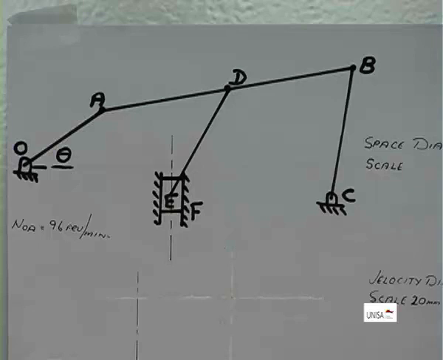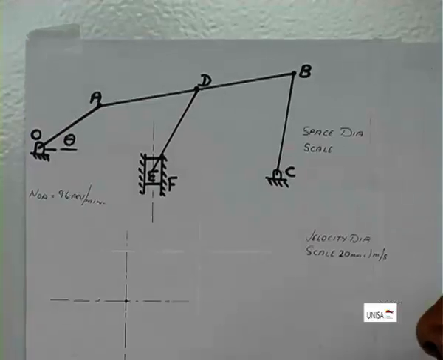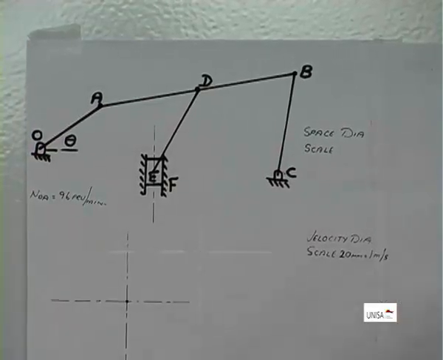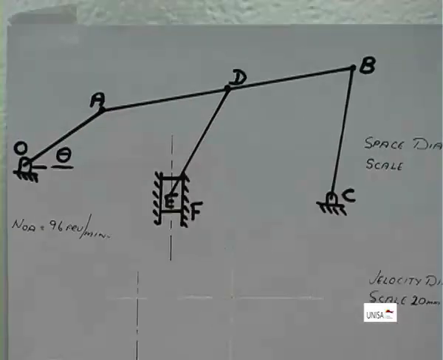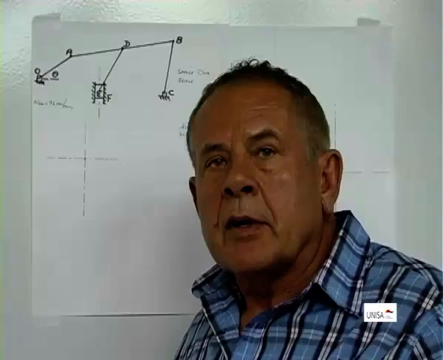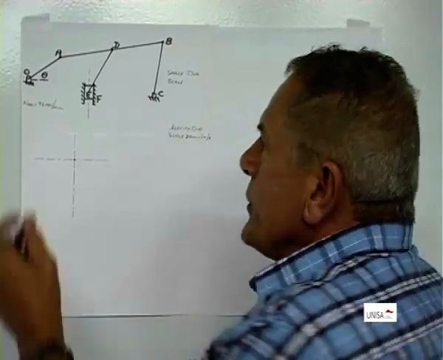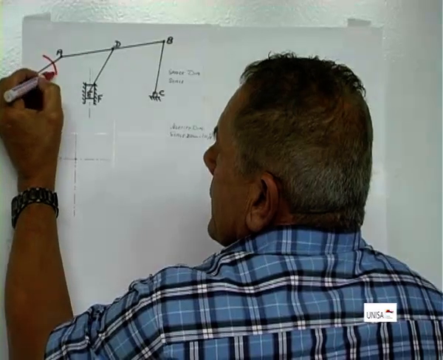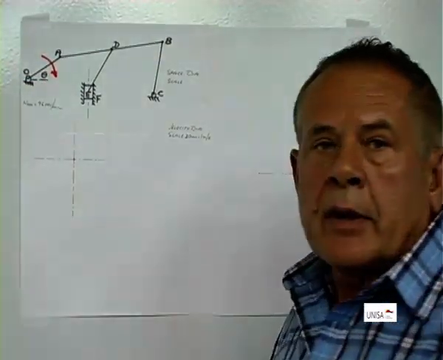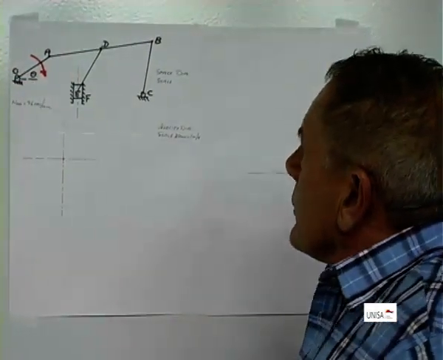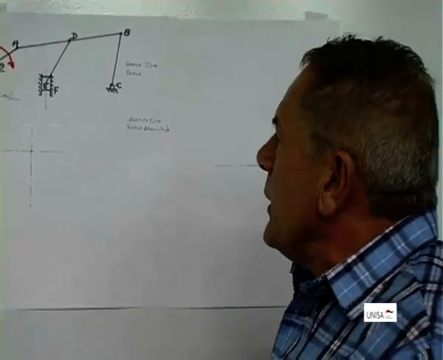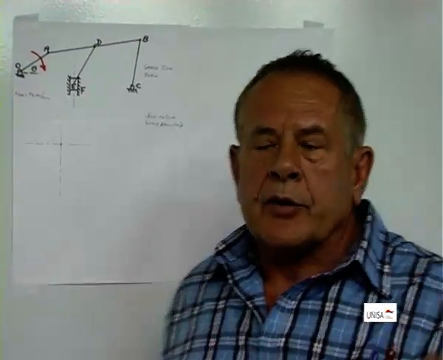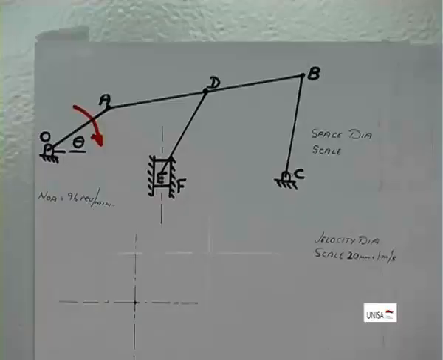First thing to do is go and stand on point O. Observe A. They will tell you in which direction the rotation is. For this example, let's take clockwise. Now, they will give you a rotational speed. I will take 96 revolutions per minute.